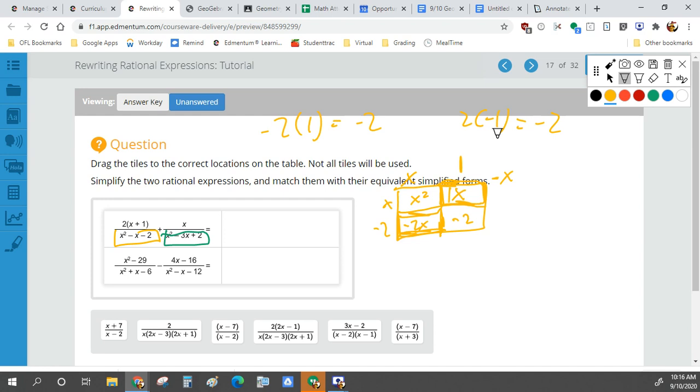All right. That's quite a story. So this will add up. So I can change this to 2x plus 1 over x minus 2 x plus 1.